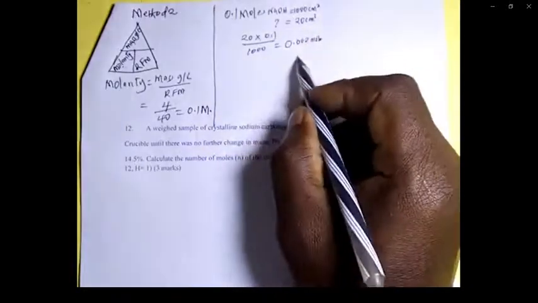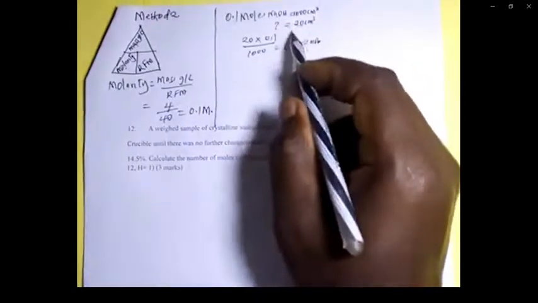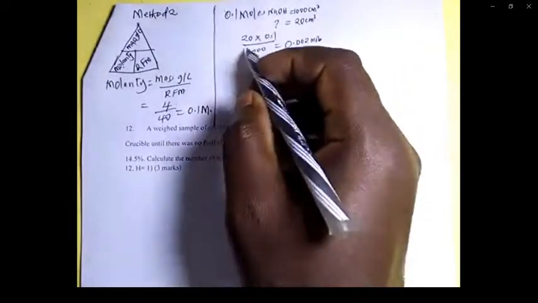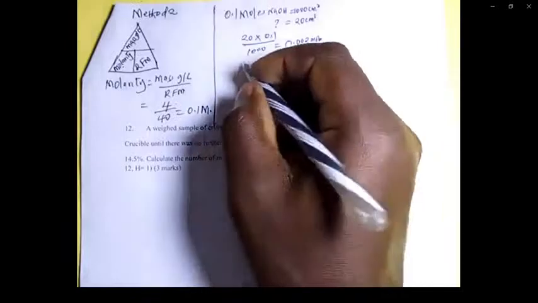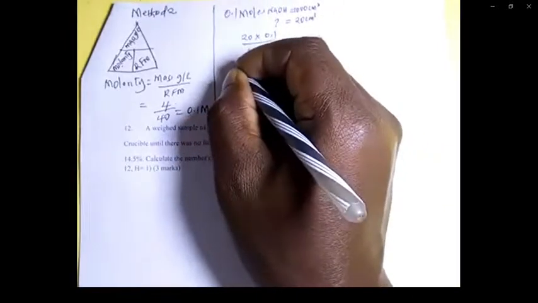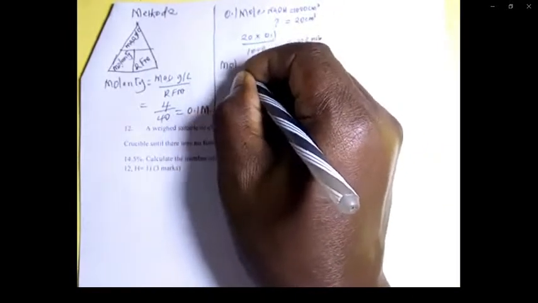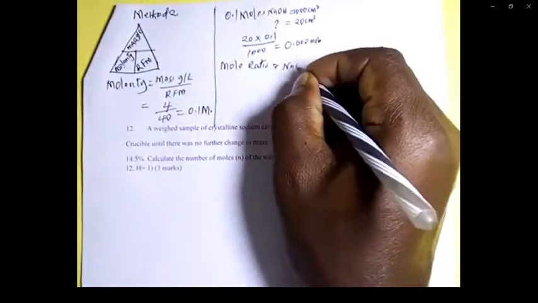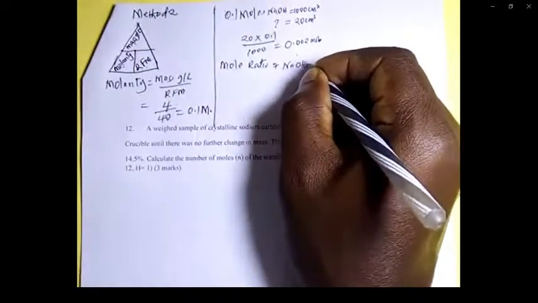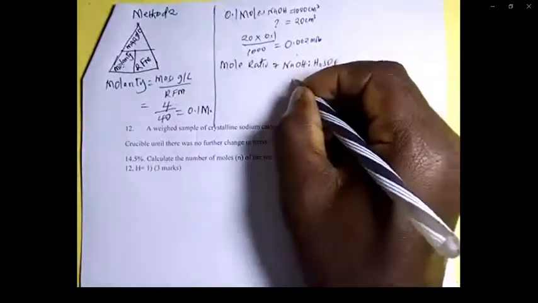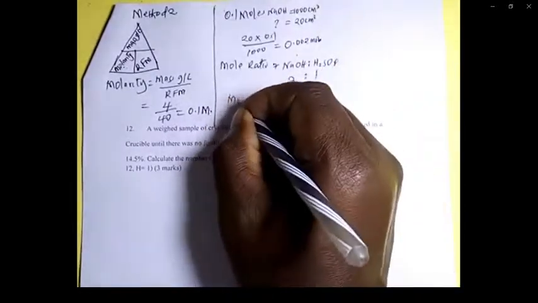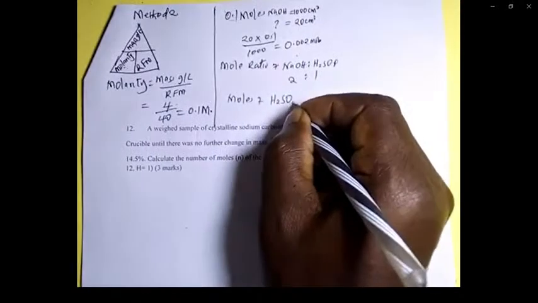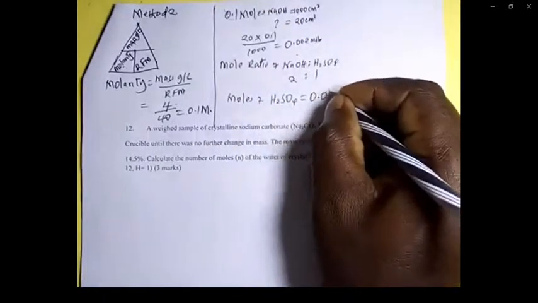So this is the number of moles of sodium hydroxide that reacted with sulfuric acid. But from the equation we saw, the mole ratio of sodium hydroxide to sulfuric acid is 2 to 1, meaning that moles of sulfuric acid is equal to half of this, 0.01 moles.